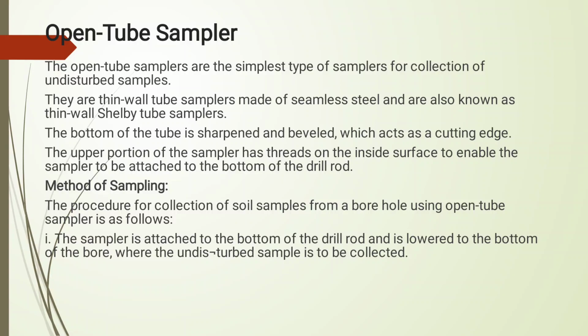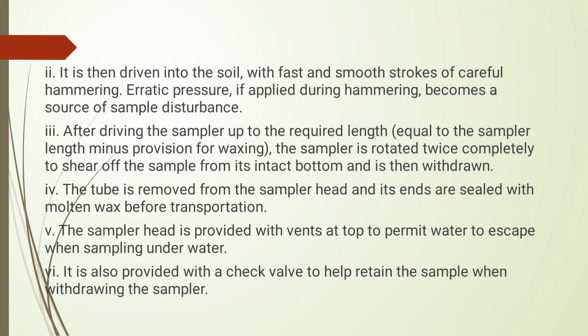Next, the procedure for conducting open tube sampling is: First, the sampler is attached at the bottom of the drilling rod and it is lowered to the required depth. When it has reached the required depth, the tube is driven into the soil by smooth hammering.